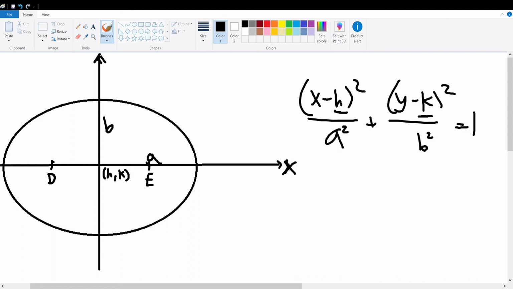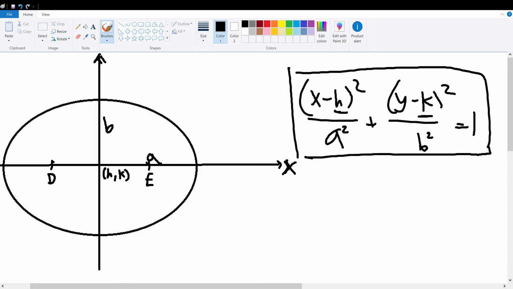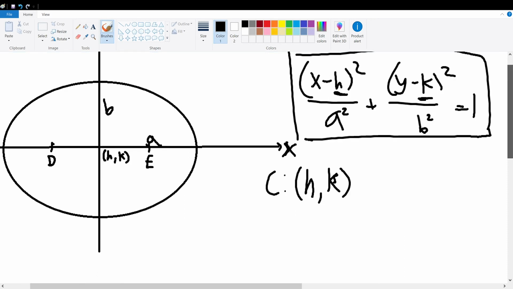Well, based on this definition of a general ellipse function, we know that its center point will be the value that x is subtracting by and the value y is subtracting by, corresponding to how you would label a coordinate point in a coordinate grid. So the center point of this ellipse in the general function will be (h, k), where h is the value that x is subtracting by and k is the value y is subtracting by.